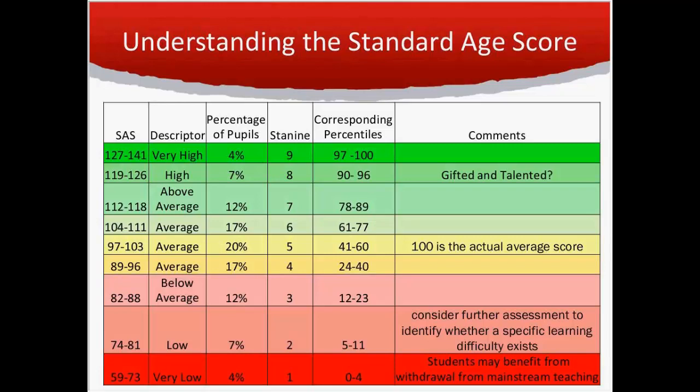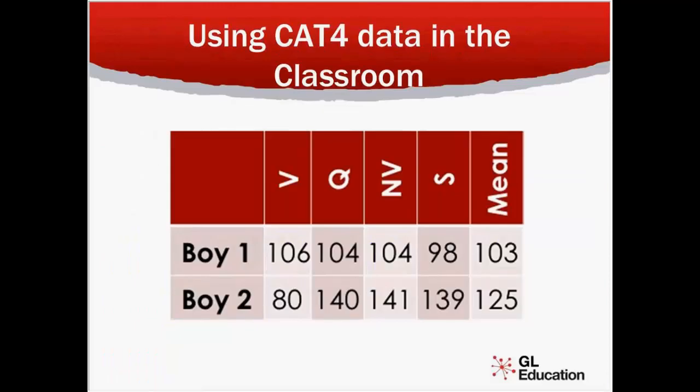The actual average score is 100. So that's the average score, and any score sort of below 88 is below average. And as we move down to 81 and below, those are the sorts of children that we would consider looking at in more detail for special educational needs assessment.